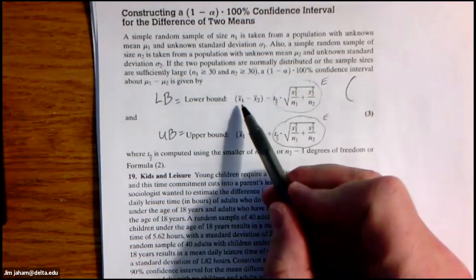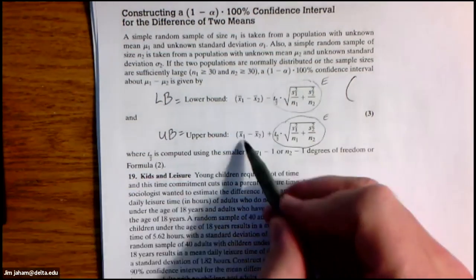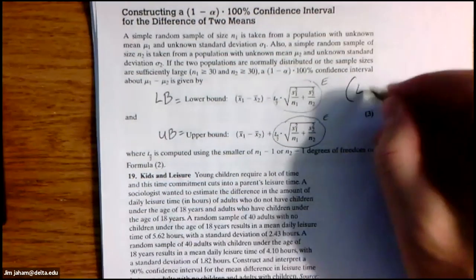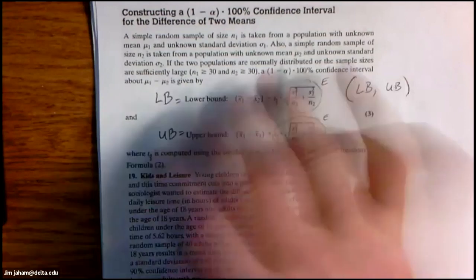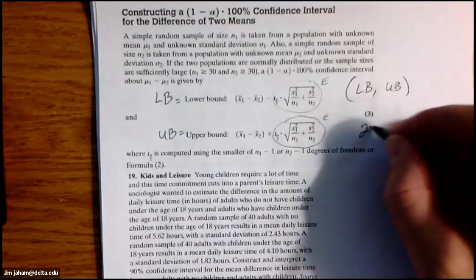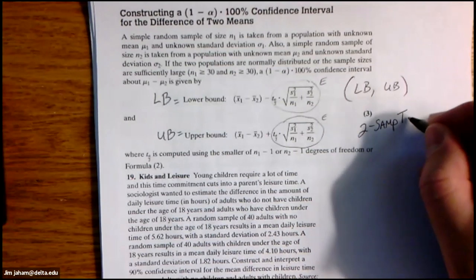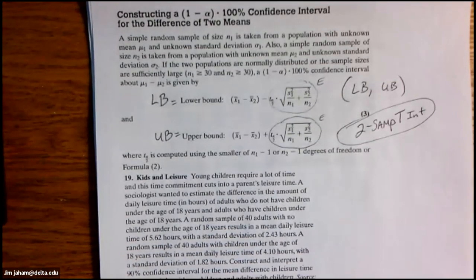So we have x bar 1 minus x bar 2 minus the margin of error, and x bar 1 minus x bar 2 plus the margin of error. And that's going to give us the lower bound and the upper bound. But instead of using this formula, we're going to use the two sample t, well, it's not a test anymore, so two sample t interval. That's what we're going to use here.